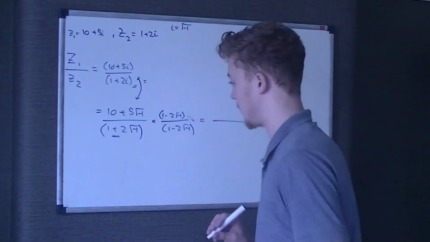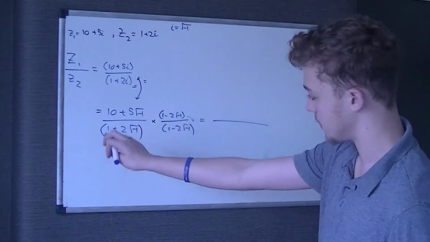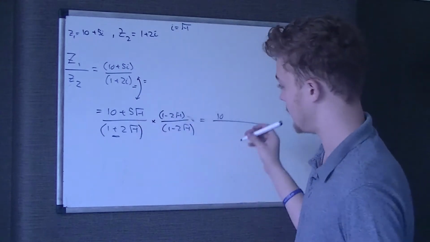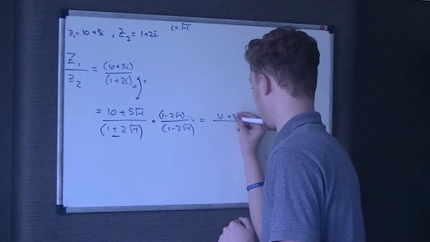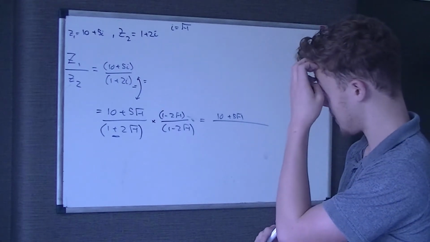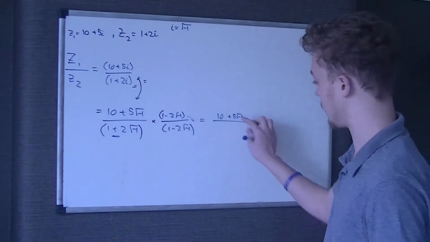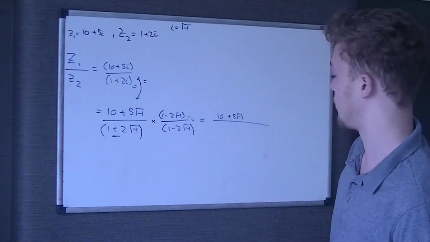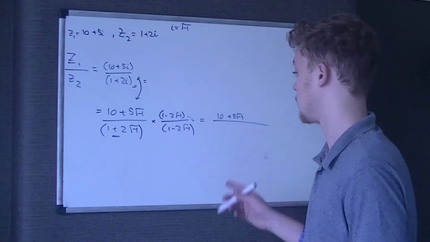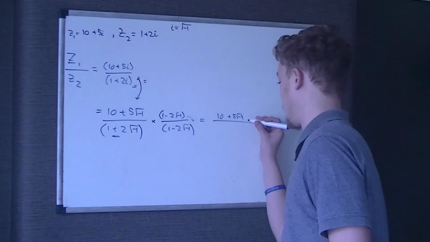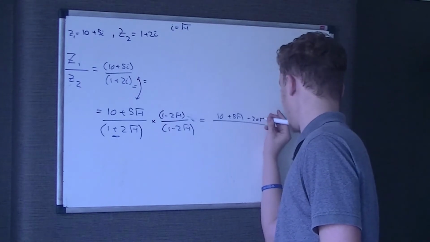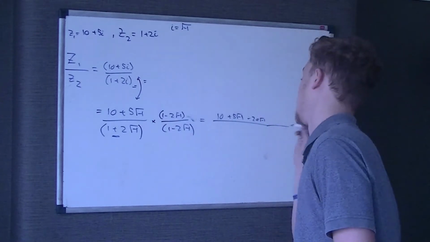So if we follow this method, we expand the top out, so that's 10 times 1, so that's 10. 5 root minus 1 times 1, so that's just 5 root minus 1. Then 10 times 2 root minus 1, so that's going to be take 20 root minus 1, if I've done it correctly.